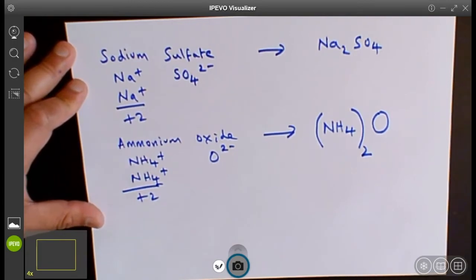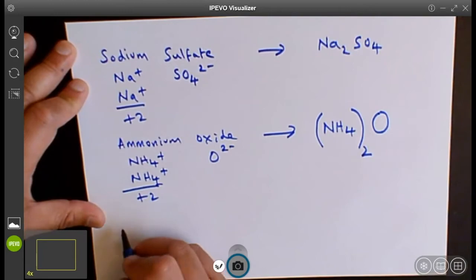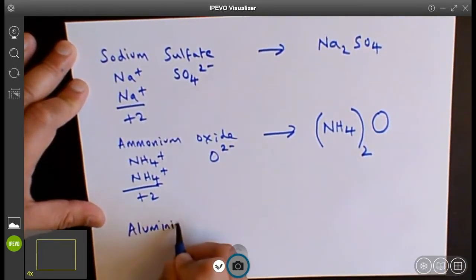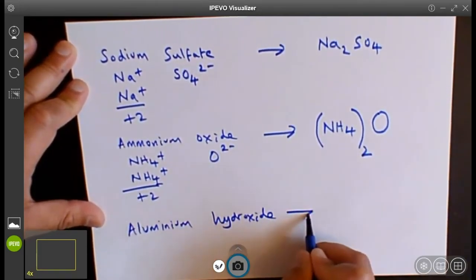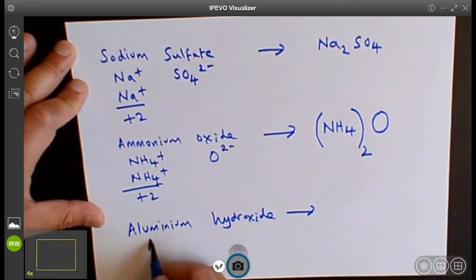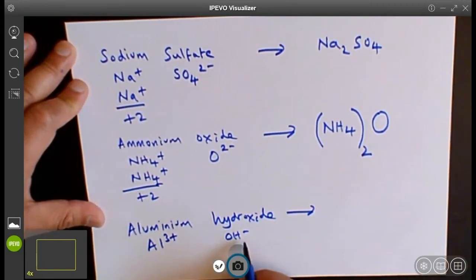Let's go for something else whereby we would use brackets. So here we go, let's go for aluminium hydroxide. So if we look at aluminium hydroxide, aluminium is Al3+, hydroxide is OH-. So how many OH- do we need?